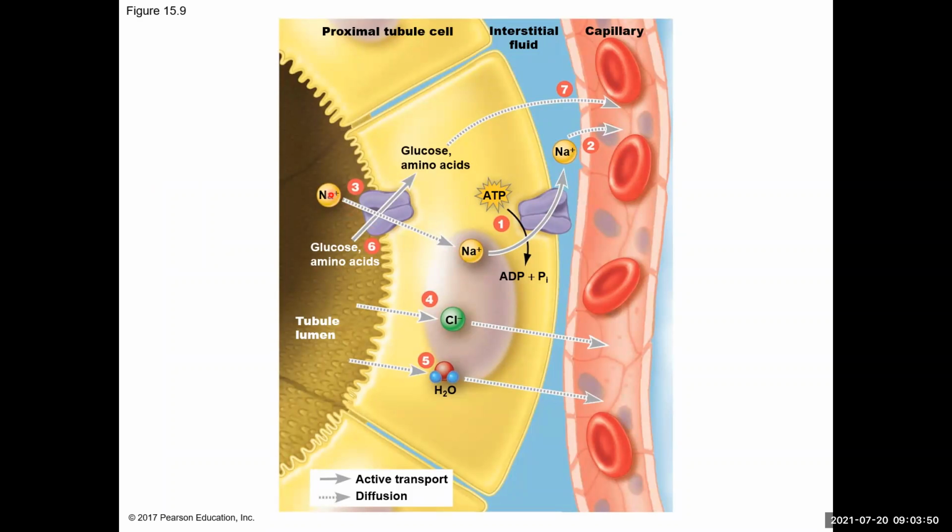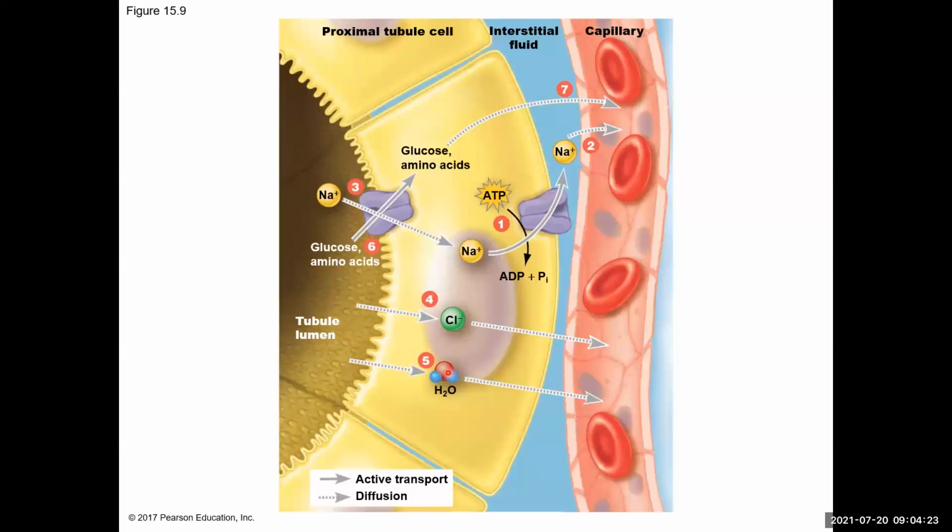Okay, so this is passive diffusion from the lumen into the cells of the proximal tubule. The active transport is from the cell to the interstitial fluid. Okay, but that gradient is set up by the active transport so that that passive diffusion can happen. And then the ultimate movement of the sodium into the capillary brings the chloride with it.